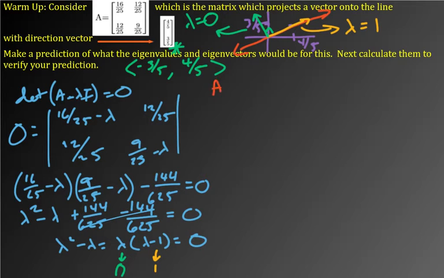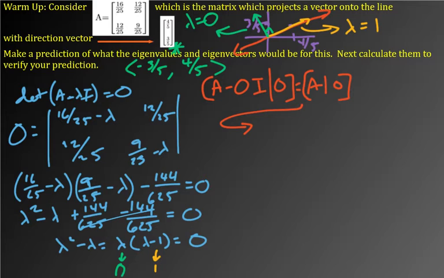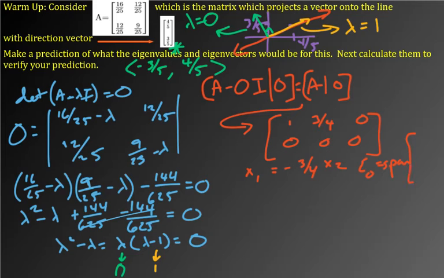When you do A minus 0I augmented with 0, it's really just A augmented with 0. If you do that one out, you should get the following matrix. From this, you can see that x1 just needs to equal negative 3/4 x2. So the eigenvector for 0 is anything in the span of negative 3/4, comma 1.